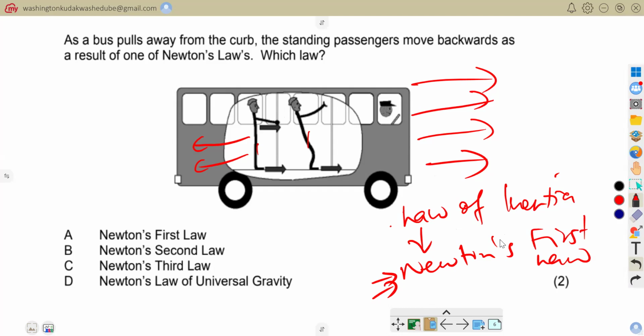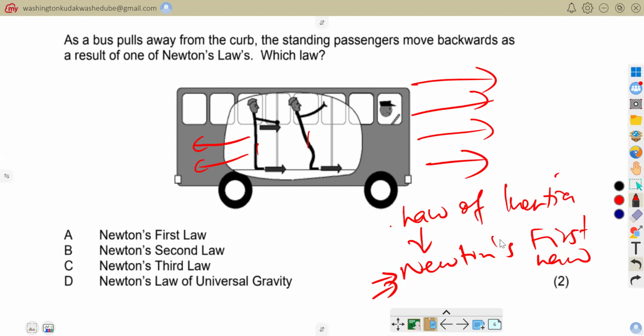So at this instant, there is no net force because there is just a sudden change. That sudden change will face an opposing force, which is due to inertia. So this is the reason why the passengers will move backwards.